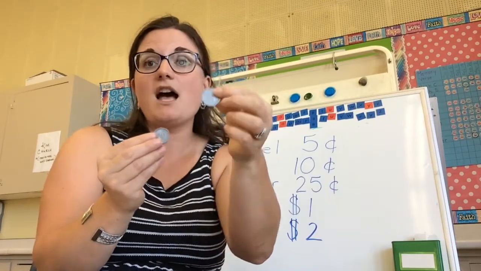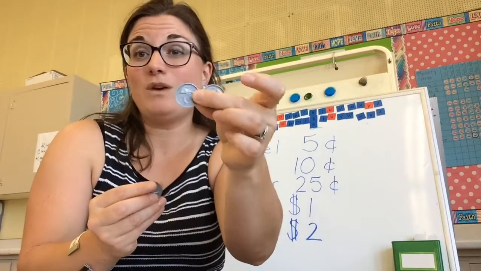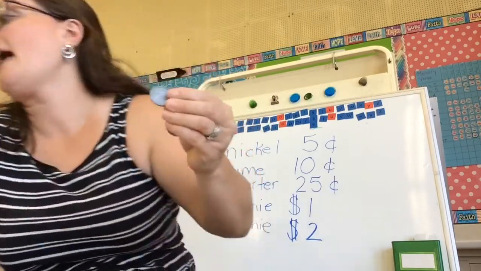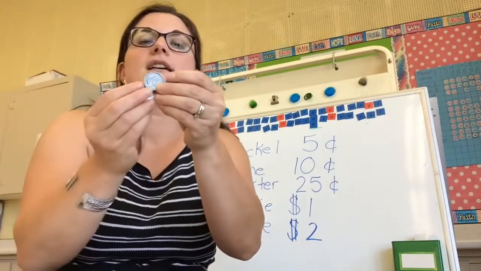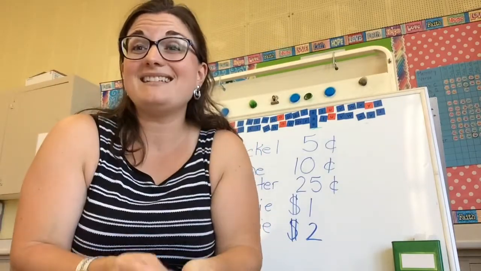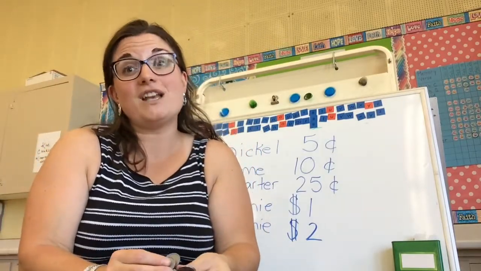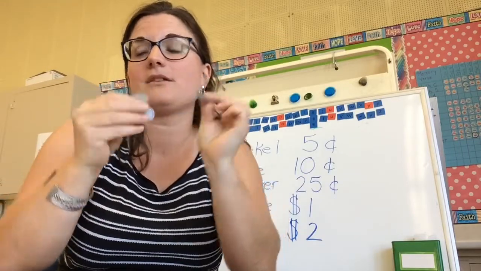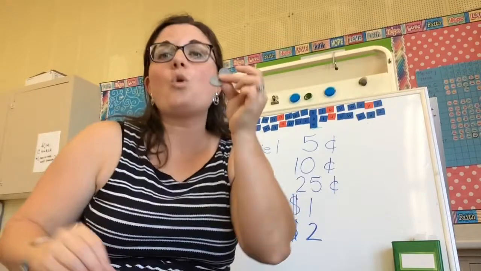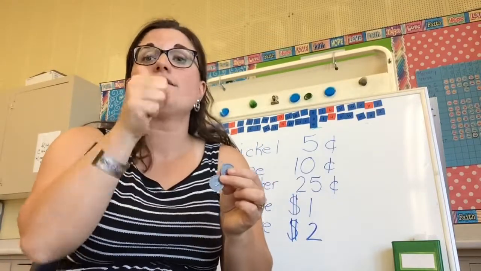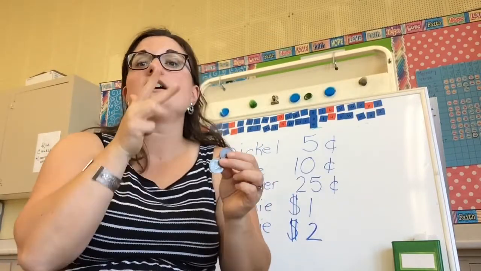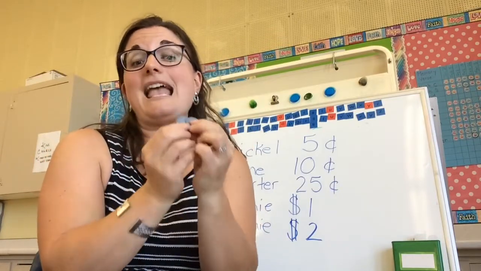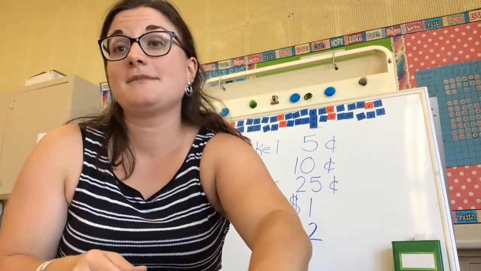So 25, 50 when I have 2 of them, 75 when I have 3 of them, and if I have 4 quarters, it will make $1. Or another way, $1 is 100 cents, and that's where I'd get 100 here. Okay, so I want you to remember counting quarters is counting by 25, 50, 75, $1. Okay, so I had 2 quarters, so 2 quarters together makes 50 cents. So I have 50 cents.